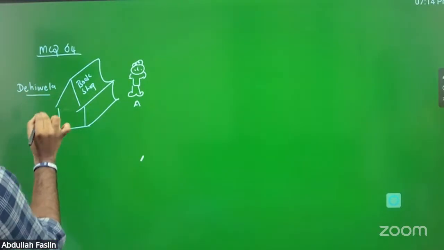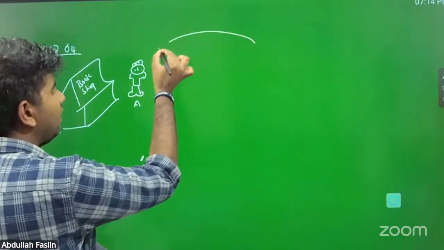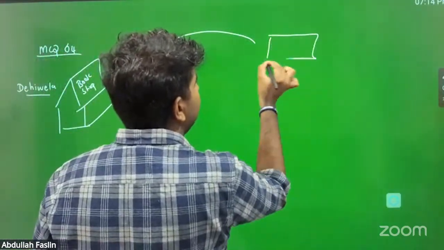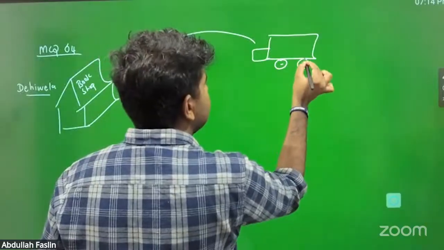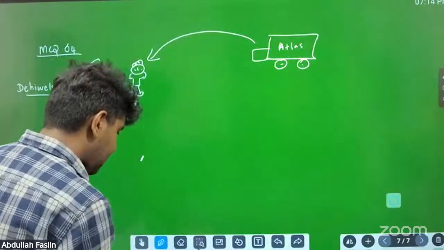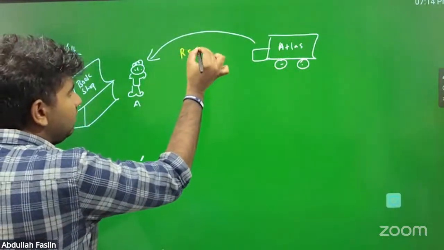When it comes to these books, you are purchasing from the Atlas company. The Atlas lorry comes to your business. You purchase the items from the Atlas company. Now let's say you have purchased 10,000 worth of items.